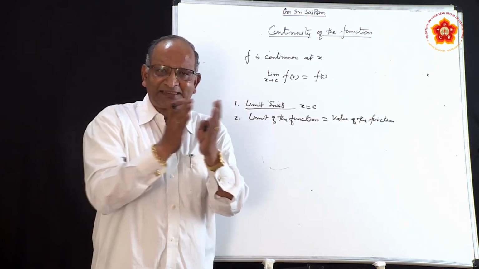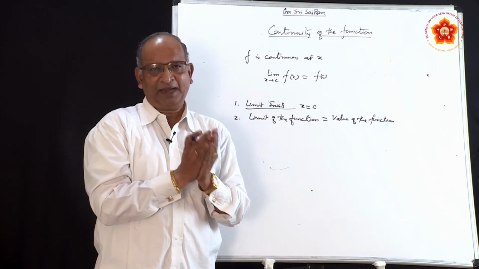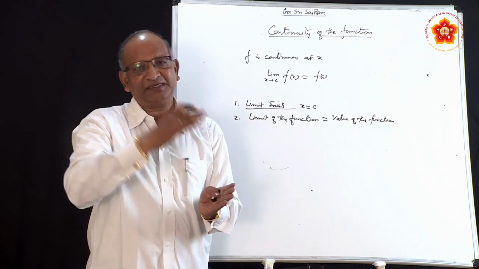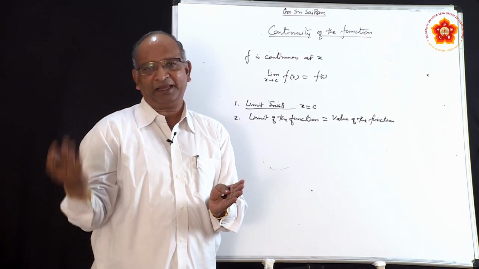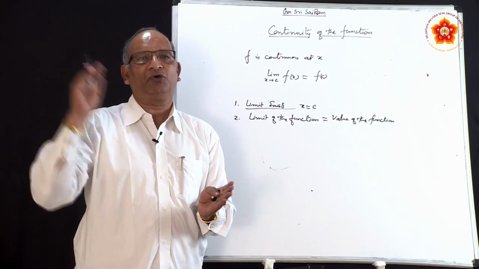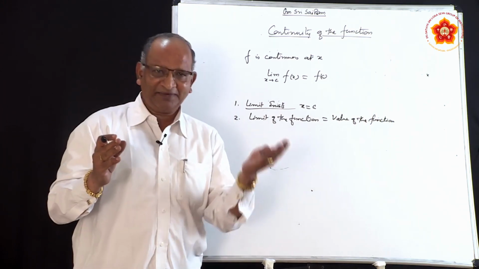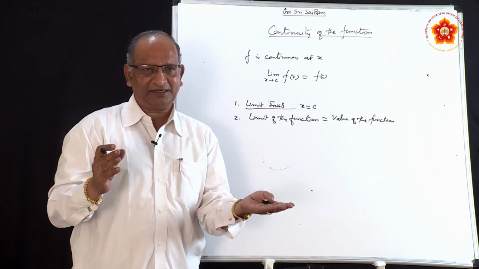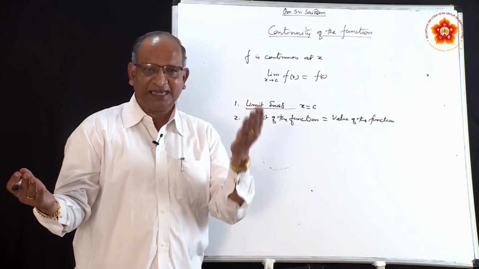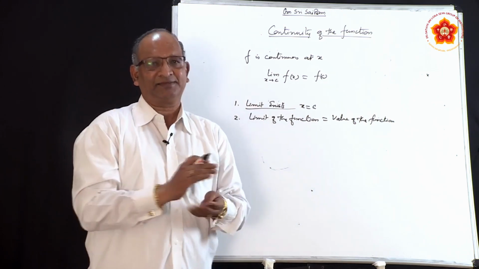Take a value a little less than 5, let us say 4.99. Whatever the limit is there, if it is equal to the right hand limit, which is at a value a little more than 5, let us say 5.001, we say the left hand limit is equal to the right hand limit and the limit exists.